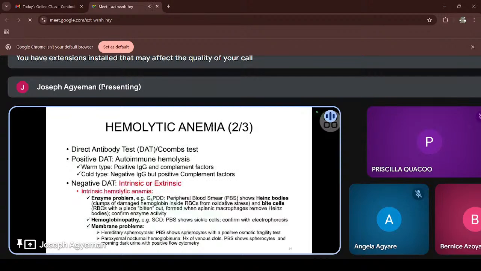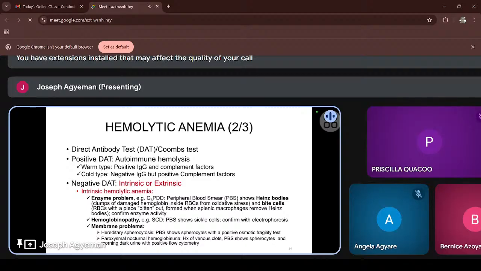On the red blood cells you find immunoglobulin G and complement factors. So the Coombs test is after immunoglobulin G and complement factors.